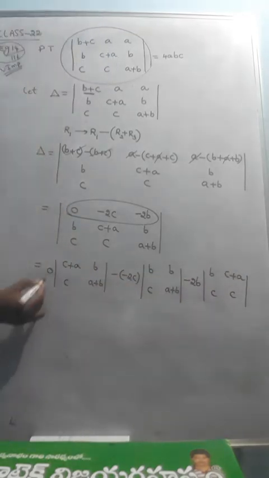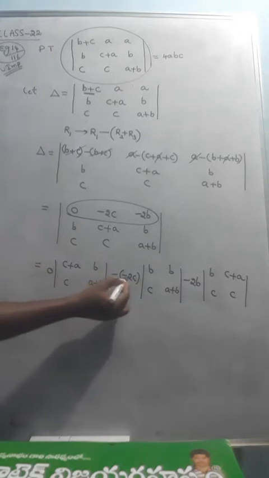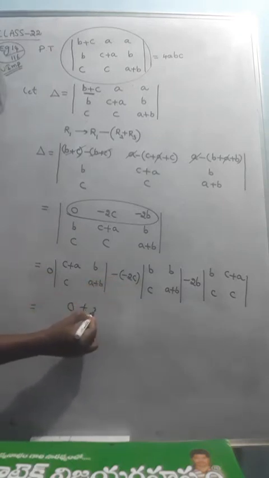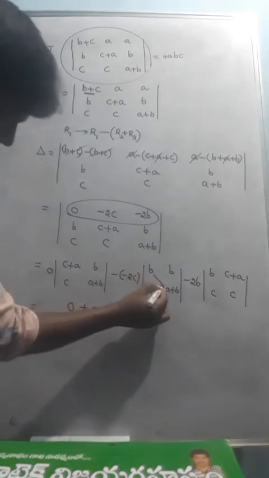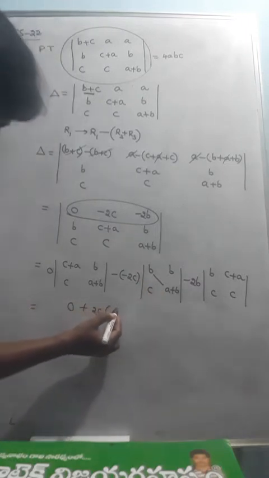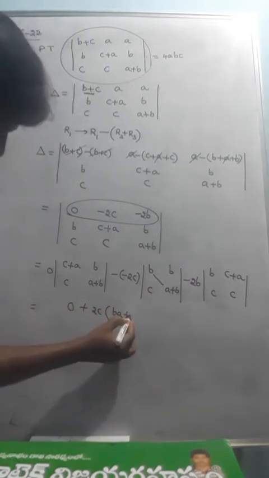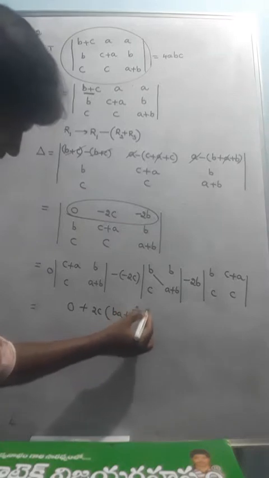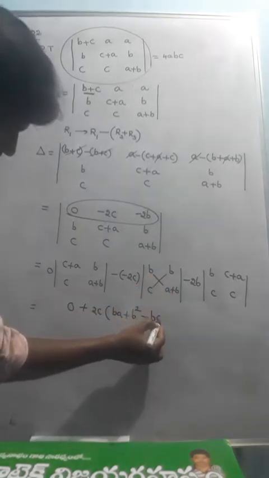That is equal to 0 into something, 0. Minus into minus gives plus 2c into b into a plus b, which is ba plus b square, minus b into c, bc.